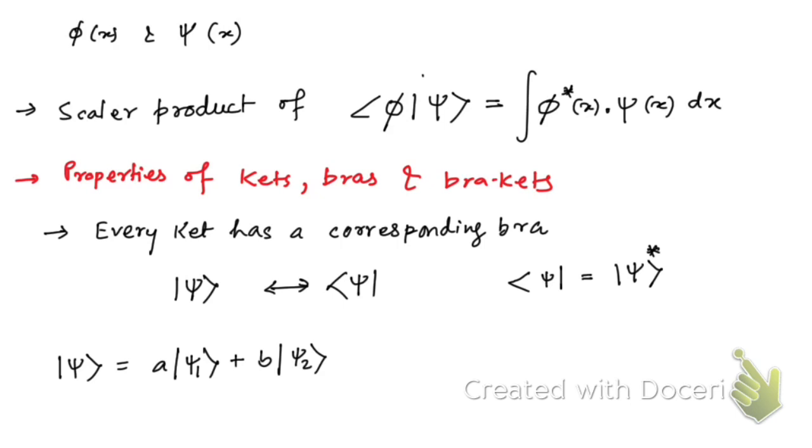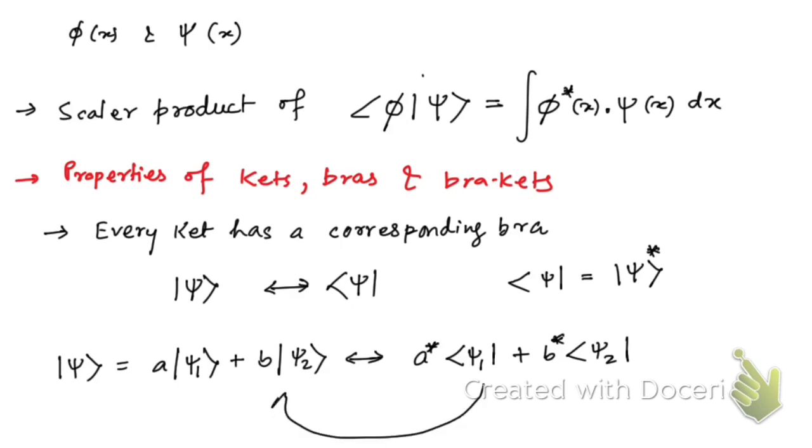Then we will have the corresponding combination A star, the complex conjugate of A, times bra psi 1, plus B star times bra psi 2. This is the corresponding bra of this ket. Now let me go to the next property. Just wait, let me clean these things.